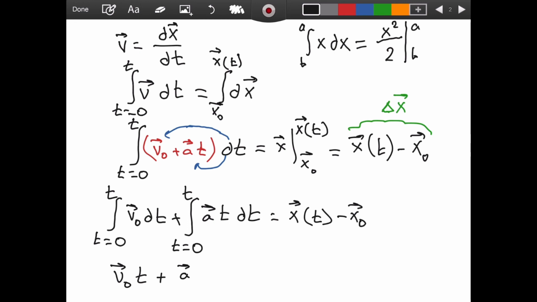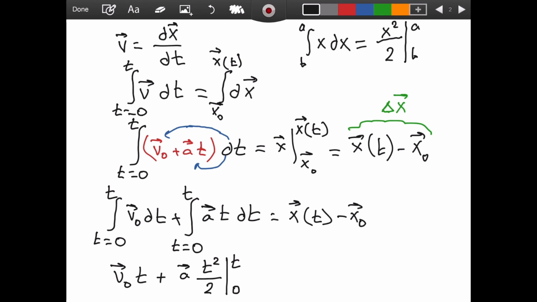So we do the same thing again here. We just have, instead of x, we have t. So we say t squared divided by 2. Now our upper and lower bounds are t and 0. But notice that if we substitute t, we get t squared divided by 2, and if we substitute 0, we get 0.